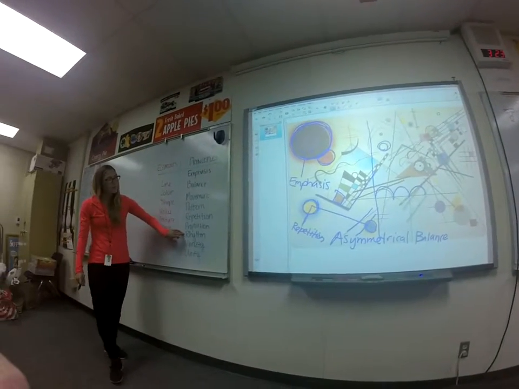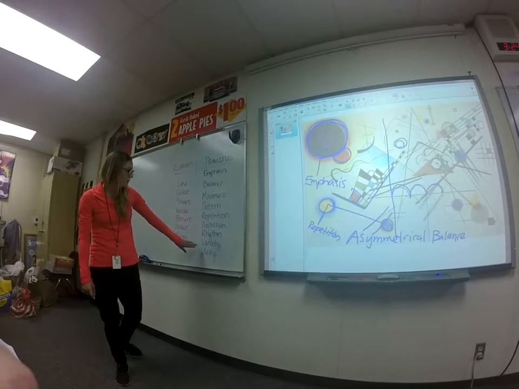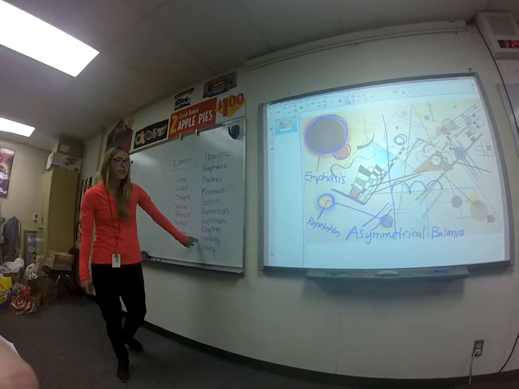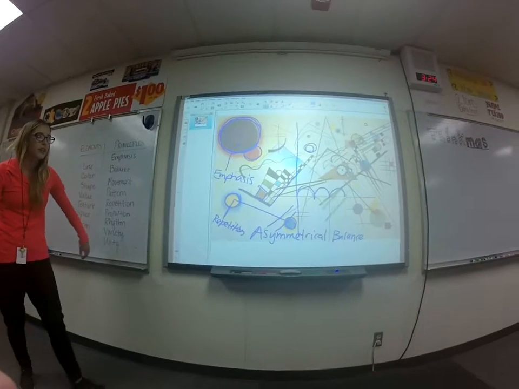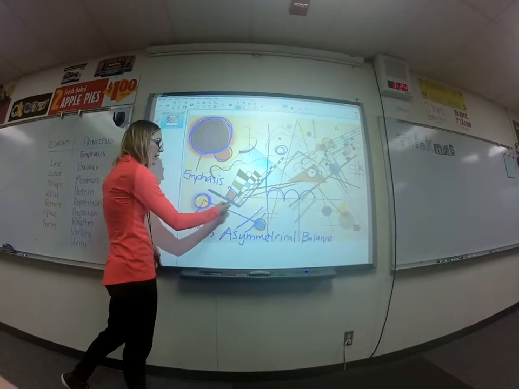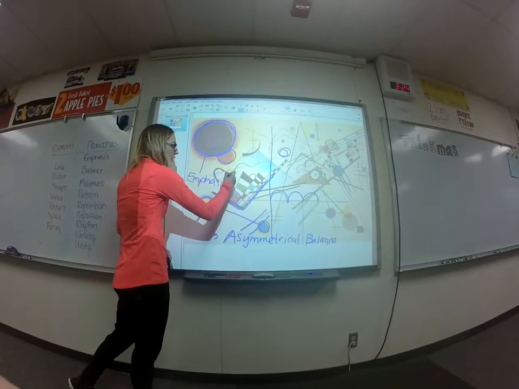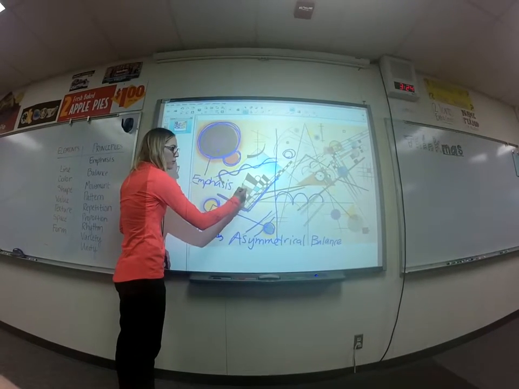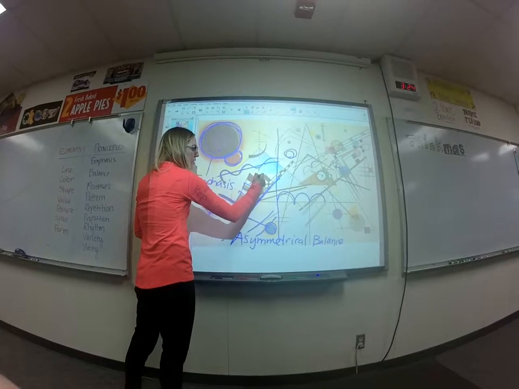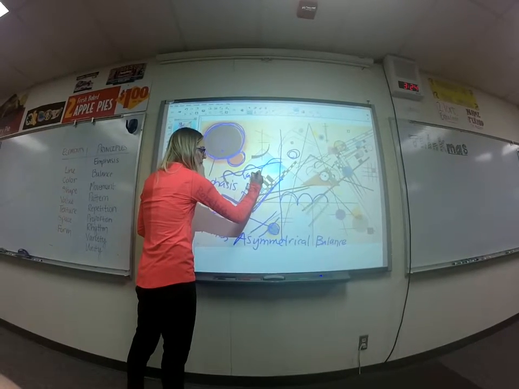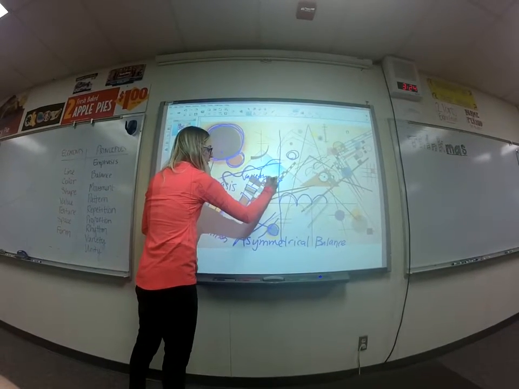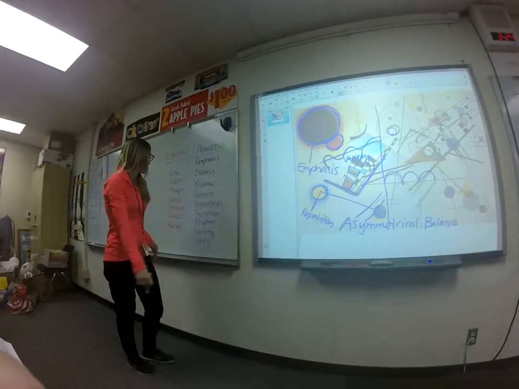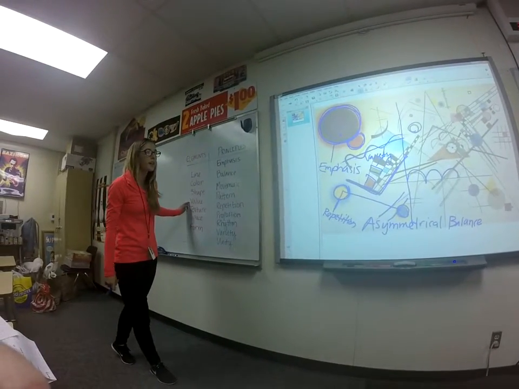Not too much rhythm. I want to talk about variety. There's lots of variety. Like I said, line. There's curved lines, straight lines, circles, squares. This is all variety. Also value and color.